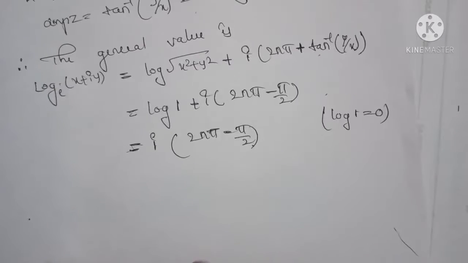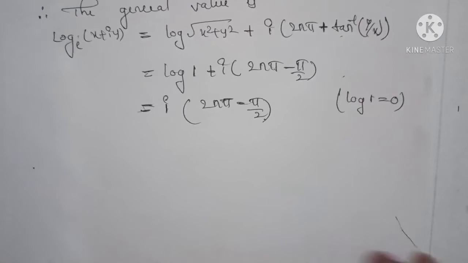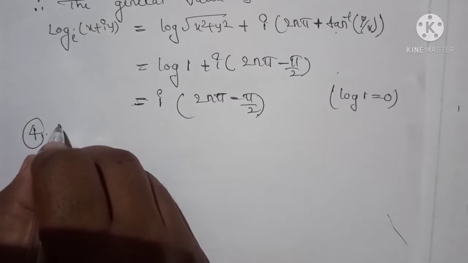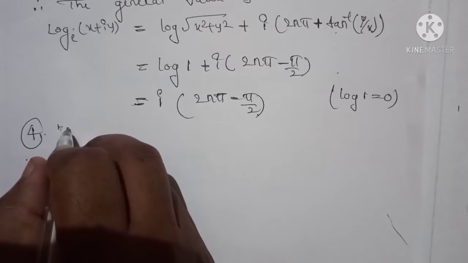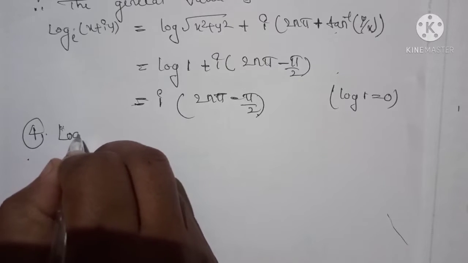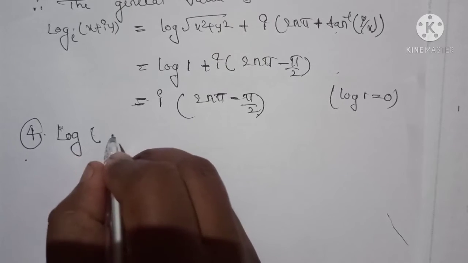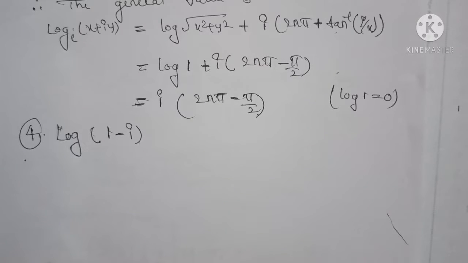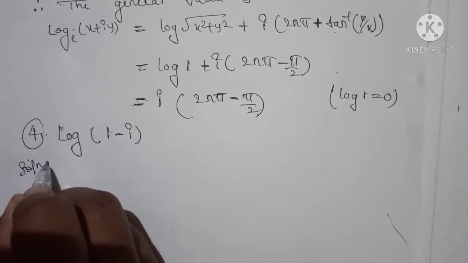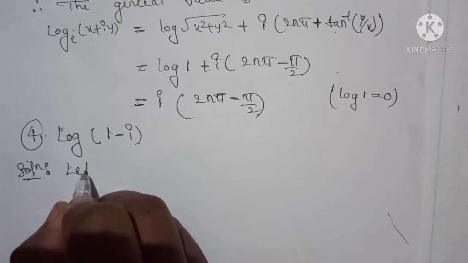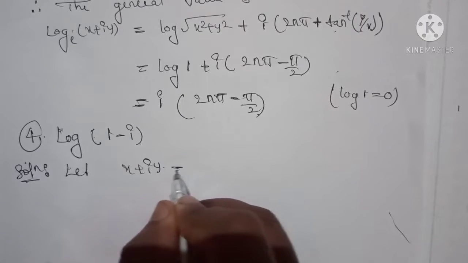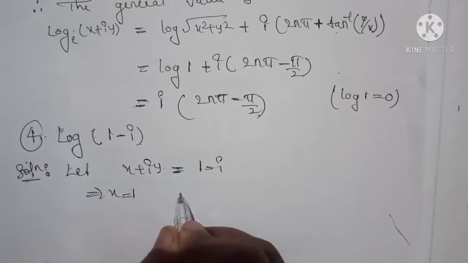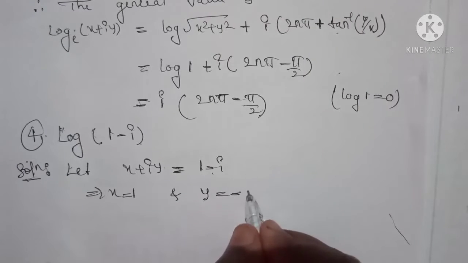Next problem. Here given that find all the values of log of 1 minus i. Let x plus iy equal 1 minus i, which implies that x equals 1 and y equals minus 1.